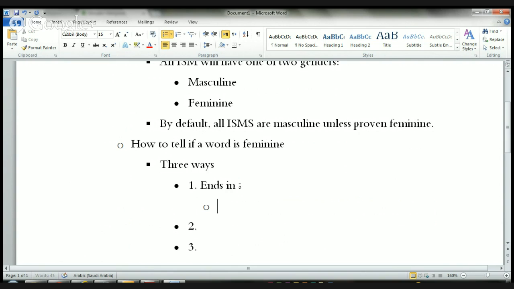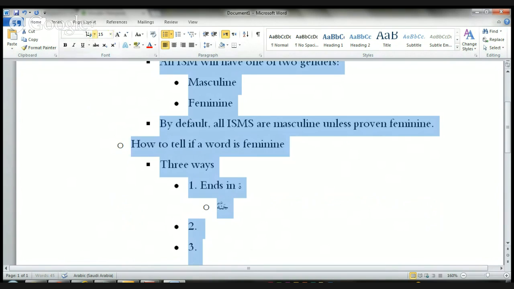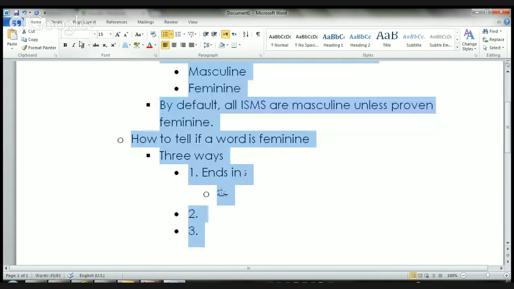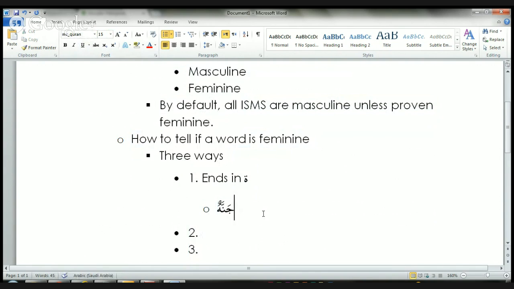So it ends in ta marbuta. I'll write some words out for you guys. Jannatun, for example. Izzatun.